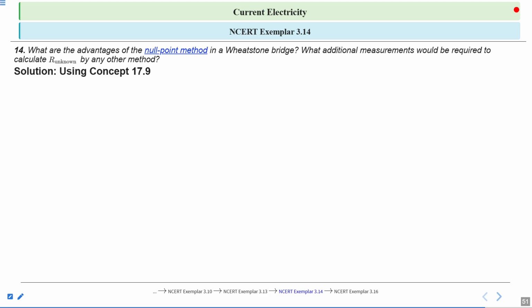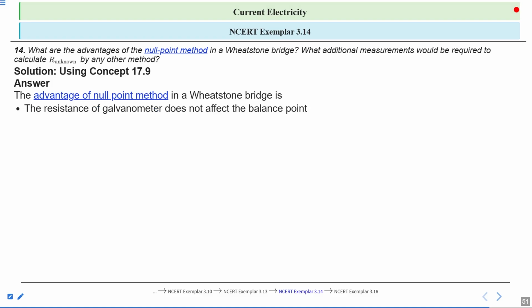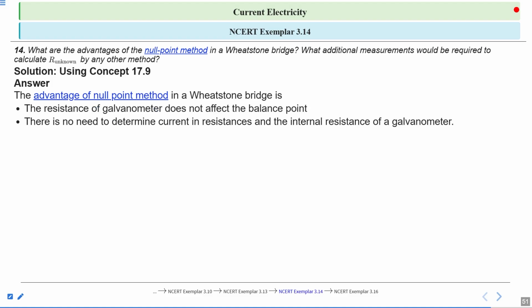Using concept 17.9, the advantages of the null point method in a Wheatstone bridge are: the resistance of the galvanometer does not affect the balance point; there is no need to determine the currents in the resistances and the internal resistance of the galvanometer; and it is an easy and convenient method for the observer. You don't have to determine the currents in different branches if the Wheatstone bridge is balanced.